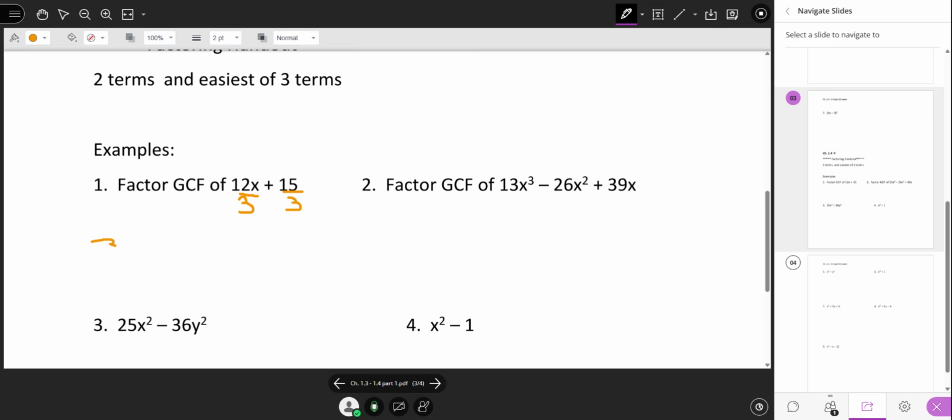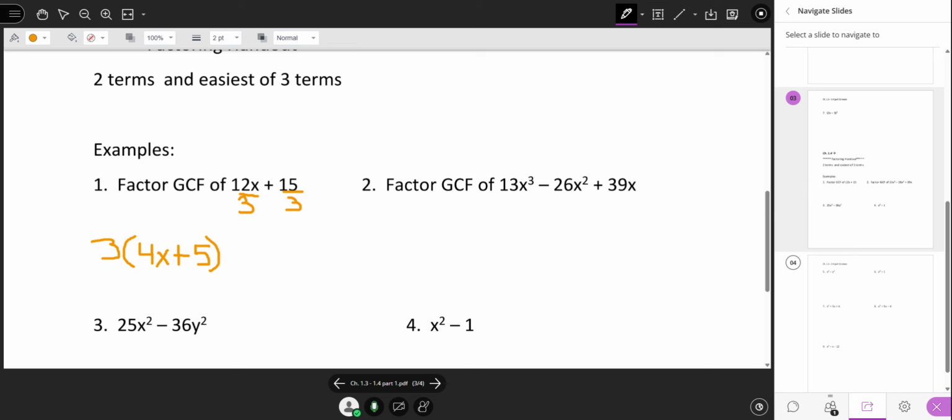So I'm going to put 3 in front. 12 divided by 3 leaves 4. And make sure you don't drop the x. And then 15 divided by 3 leaves 5. If there are 2 terms, there better be 2 terms inside the parentheses.